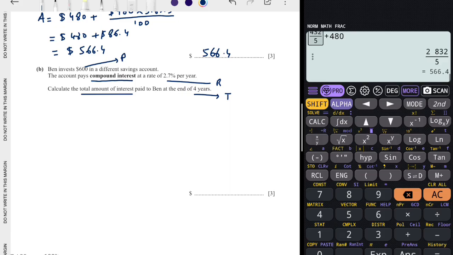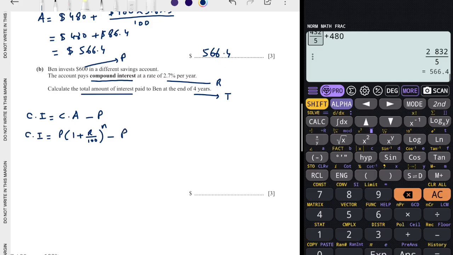Time is 4. Now we know that compound interest is equal to compound amount minus principal, and compound amount is equal to principal times bracket open 1 plus R over 100 to the power n, minus P.